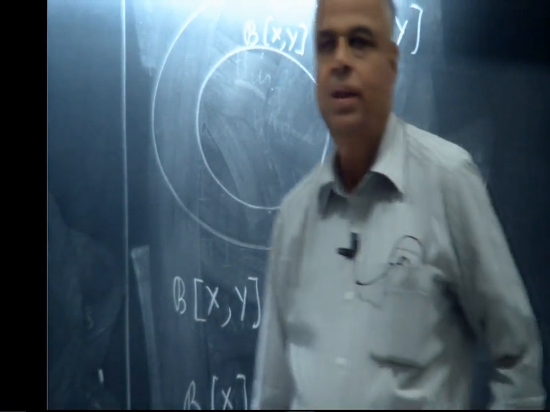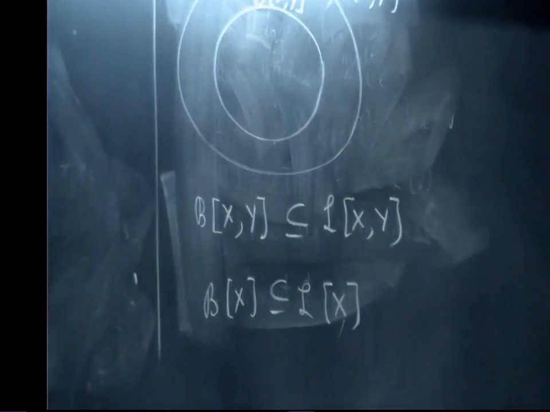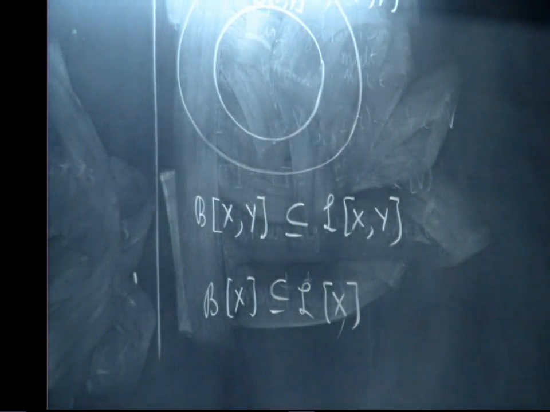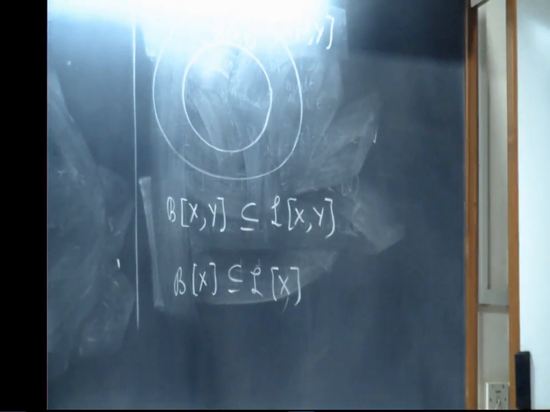The set of all bounded linear operators is a subclass of the set of all linear operators on X. The set of all bounded linear transformations from X to Y is a subclass of the collection of all linear transformations from X to Y.